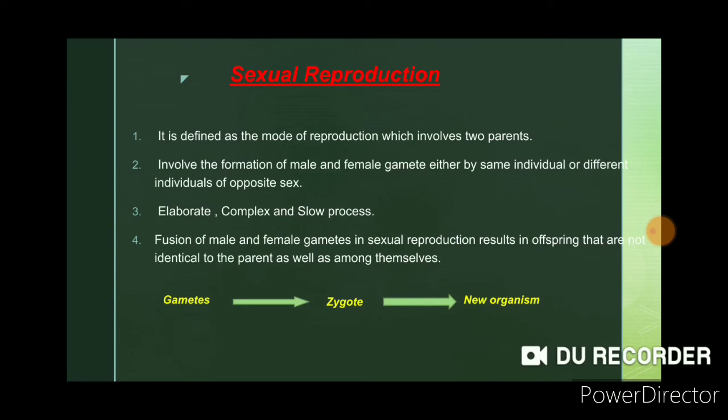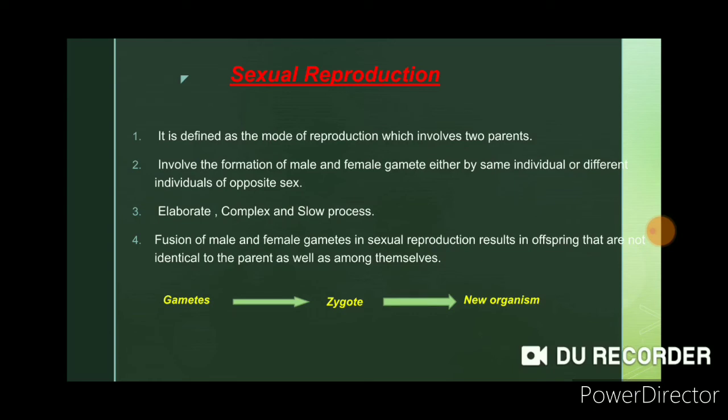Now we'll be discussing sexual reproduction. As we discussed, asexual reproduction is a reproduction in which a single parent is involved, or a single parent leads to the production of a new generation. Sexual reproduction is a method of reproduction which involves more than one parent, or we can say 2 parents.